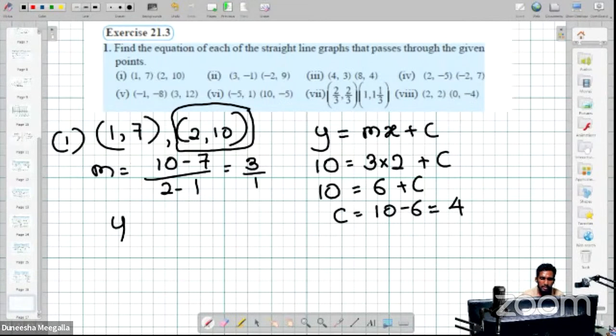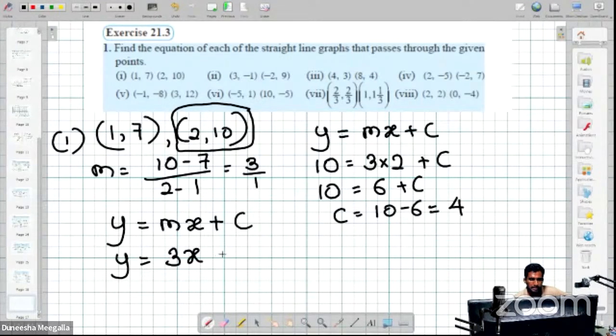Now what is our equation? mx plus c. What is the gradient? We have found the gradient, m. Akshaa, what is it? Inuri, what is m? It's 3, so 3x.